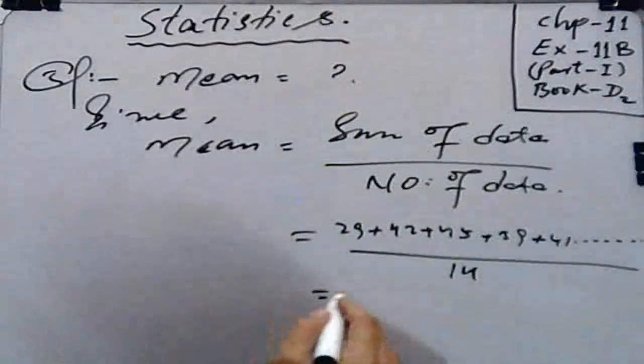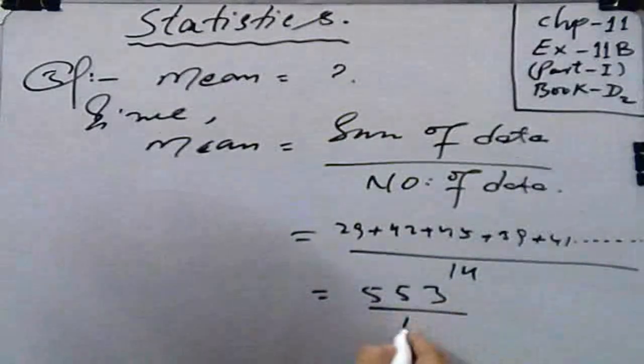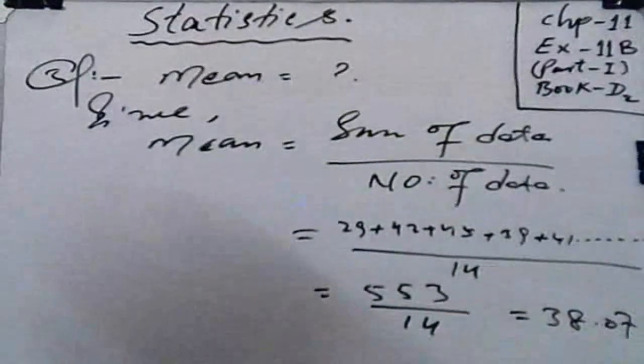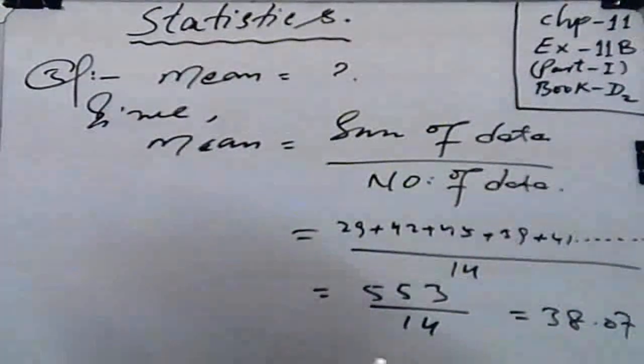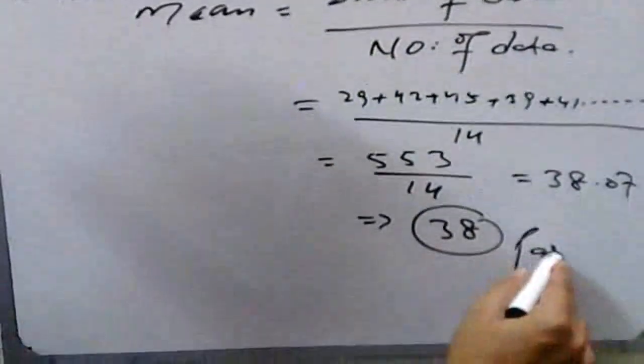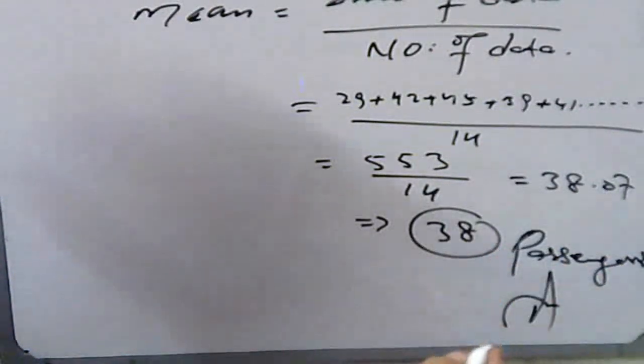So divide by 14: after addition, 553 divided by 14. So your result is 38.07. So you can say that approximately 38 is the number of passengers. So that is your required result.